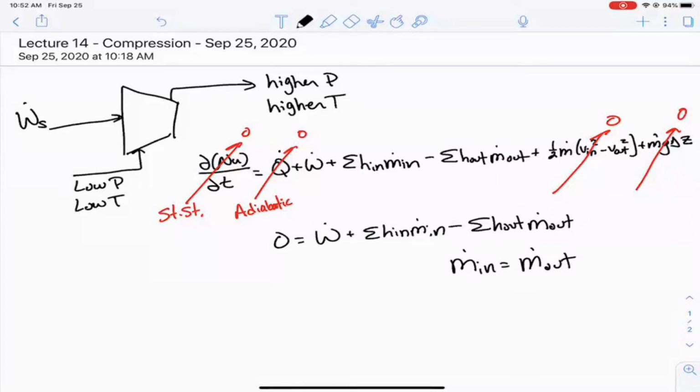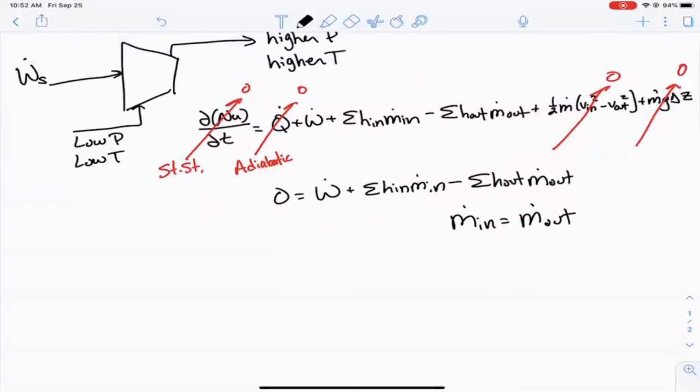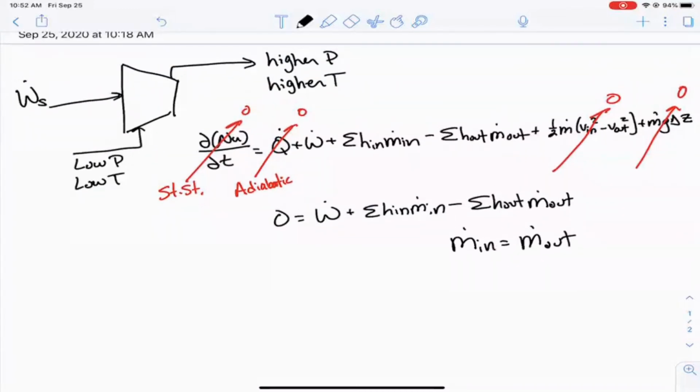And so what happens then if we have one component, like steam would be pretty common, or some other gas like oxygen or air, that our energy balance simplifies that the work is just equal to the mass flow rate times the change in the enthalpy.